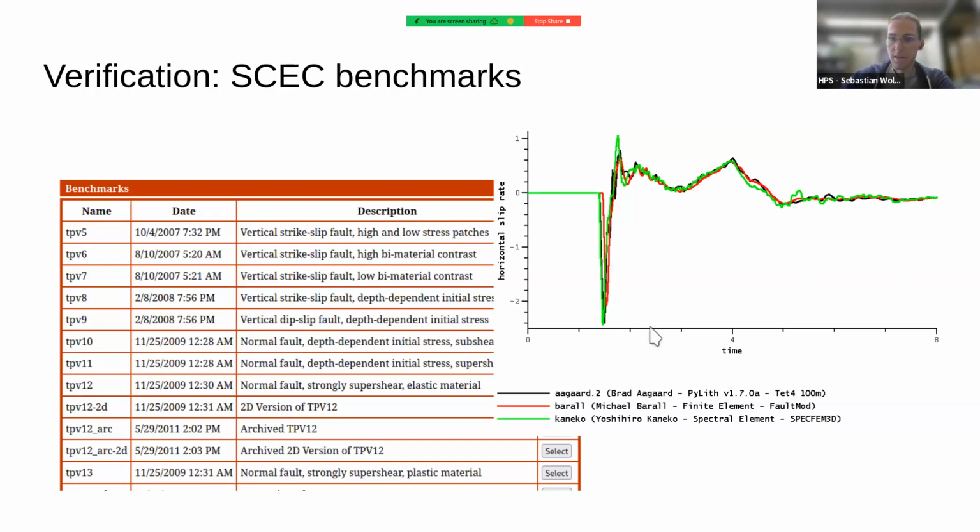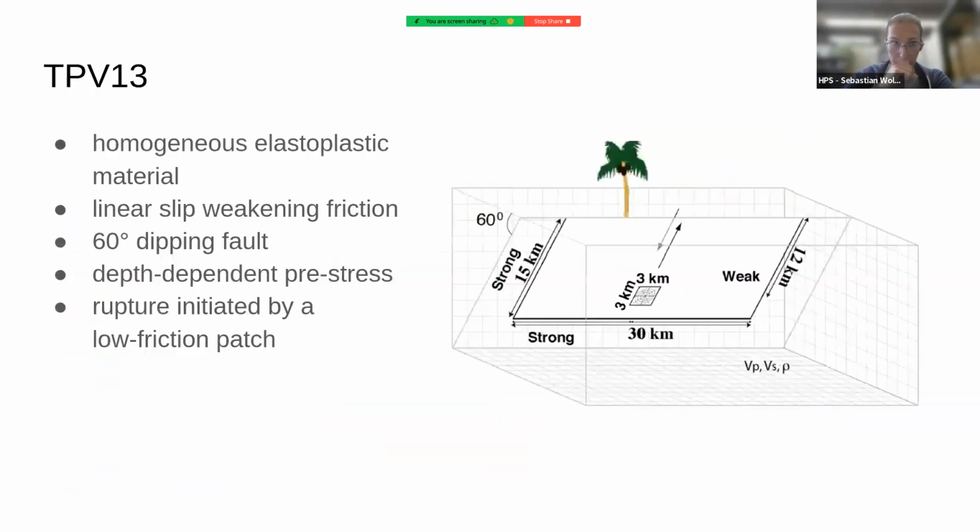You can see an example here on the right. This is a synthetic slip rate profile over time at a specific point on the source. And you see that all the solutions by the different people somehow coincide, so you can say this is the truth. Then let's go to this TPV13 example, which we have.